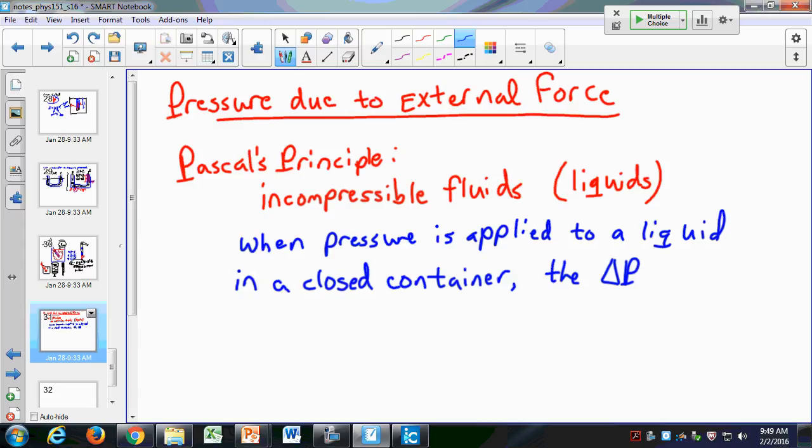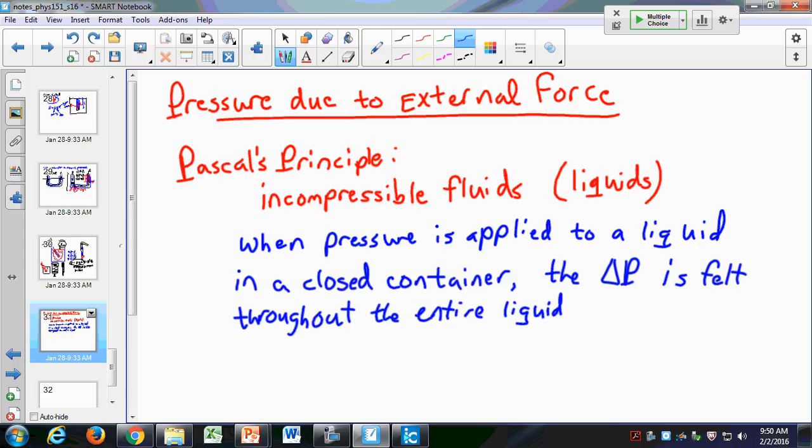The change in pressure is felt throughout the entire liquid. Let me show you what I mean.